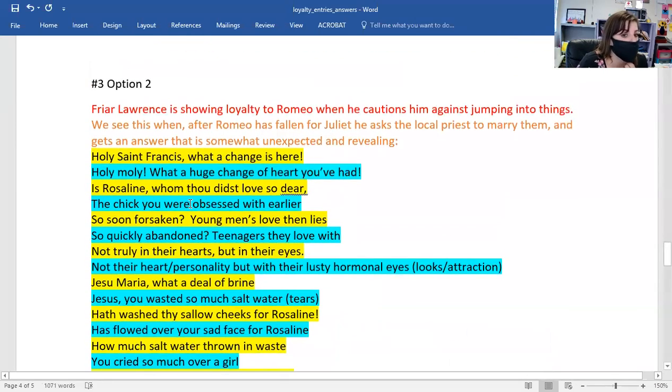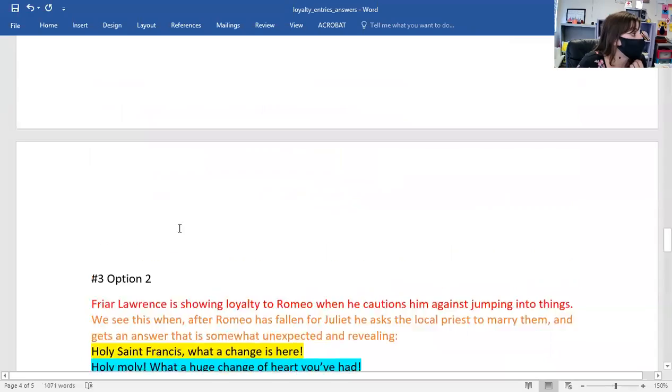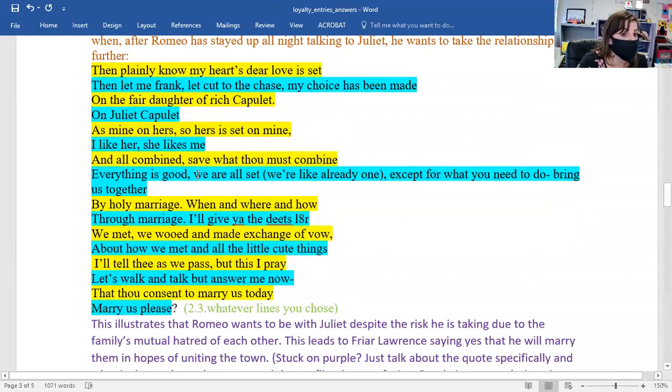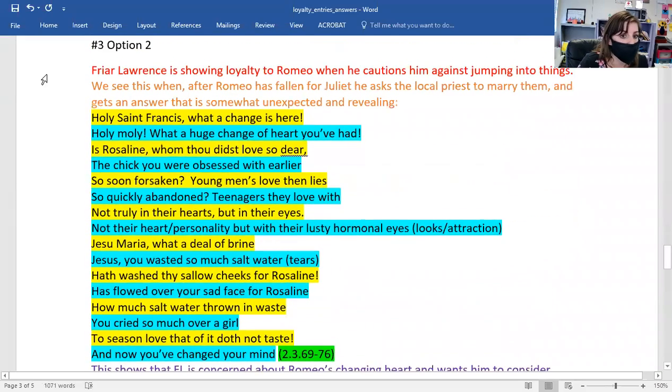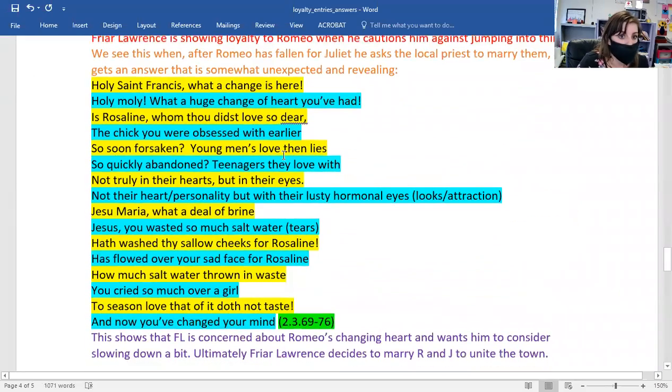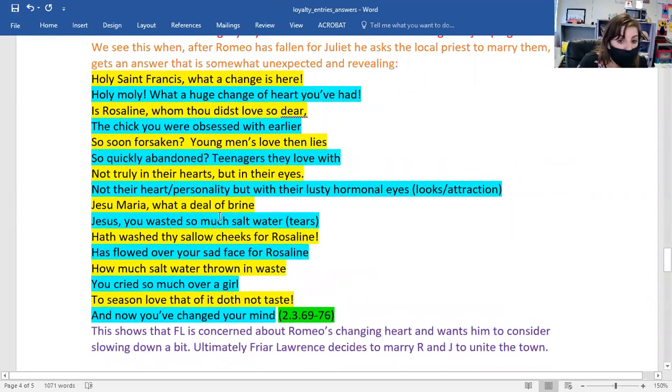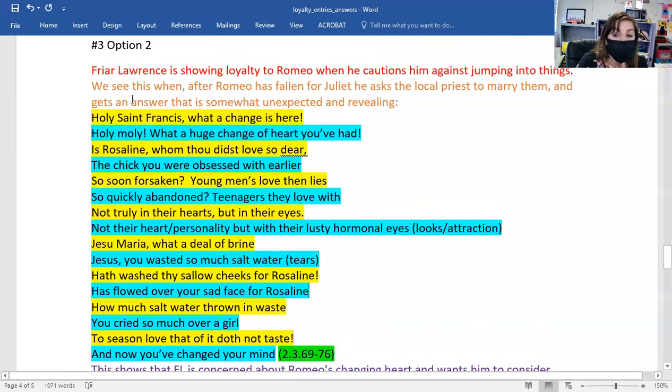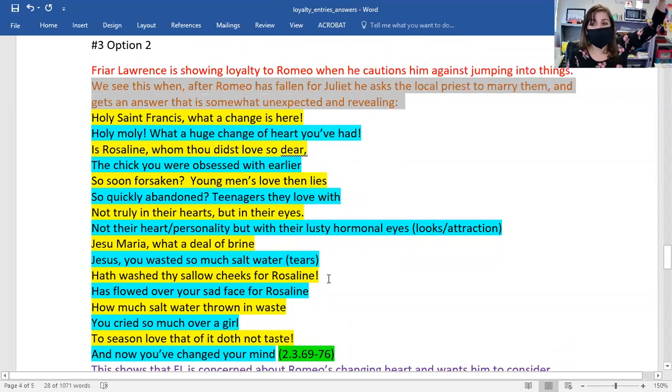No, this is the second option for number 3, because you had 2 options for number 3. So you might have done the "then plainly no," and then some people might have done the "Holy St. Francis." And so this was your second option, and just notice how what we did in the orange is just mentioning what just happened right before this utterance.